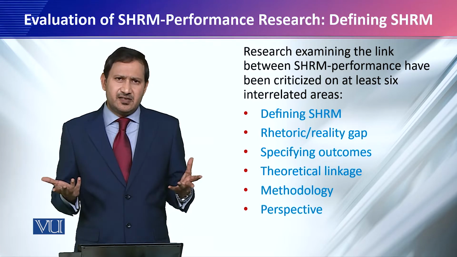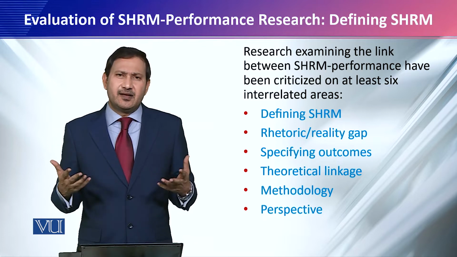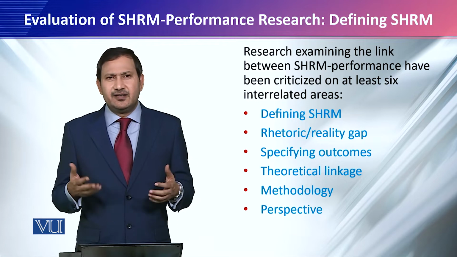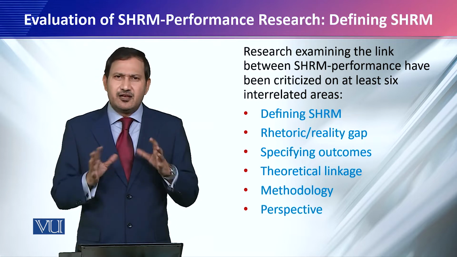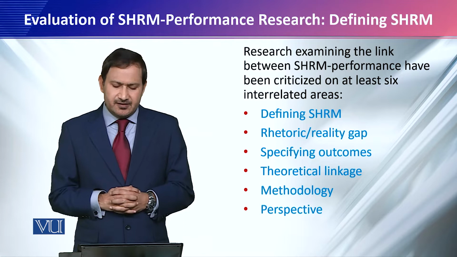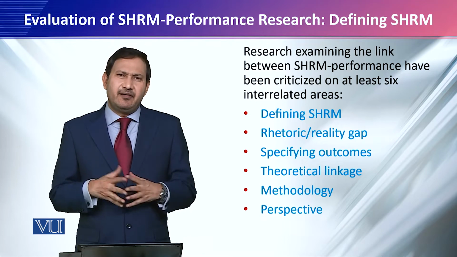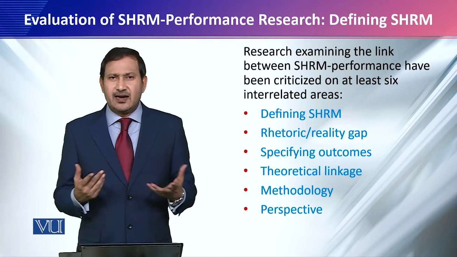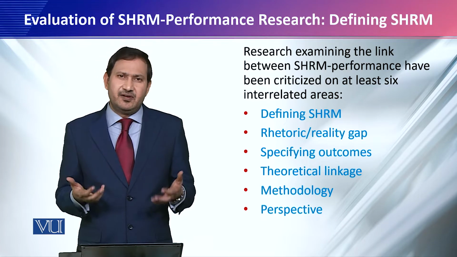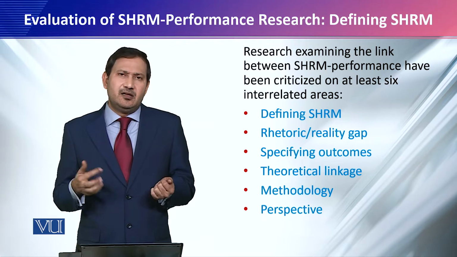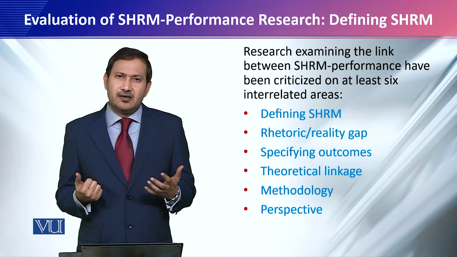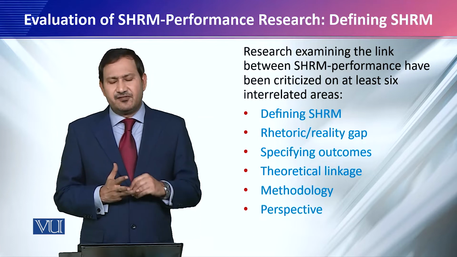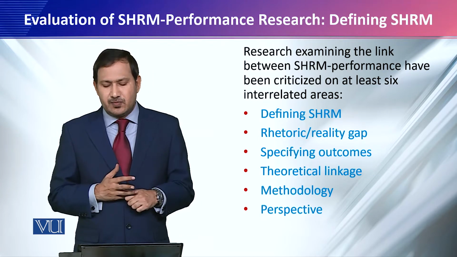However, we will see what has happened in the past, and the validity and reliability of that research about the link between SHRM and performance. There are 6 areas identified by researchers that need critical attention when we are critically evaluating the validity and reliability of past research. The first is defining strategic human resource management.